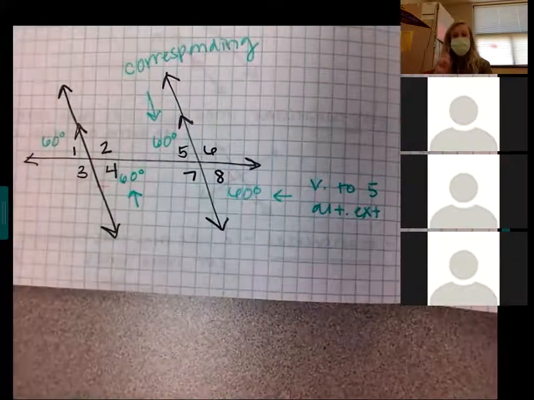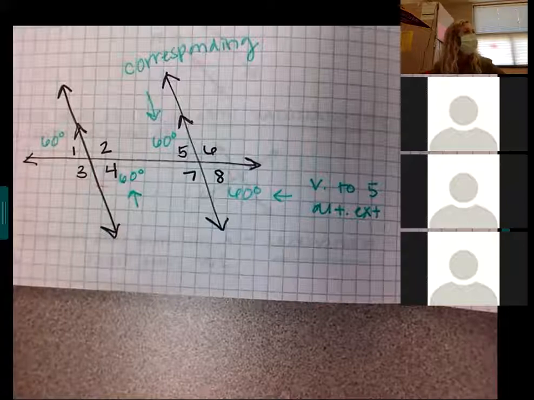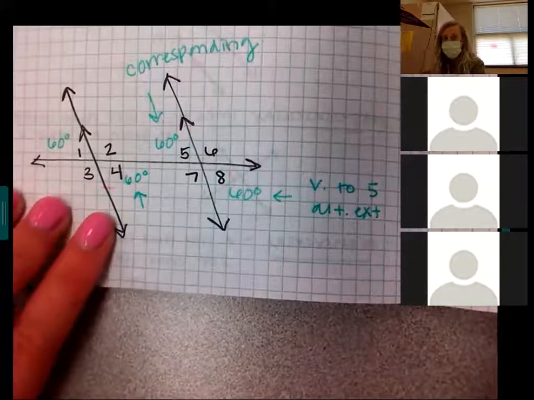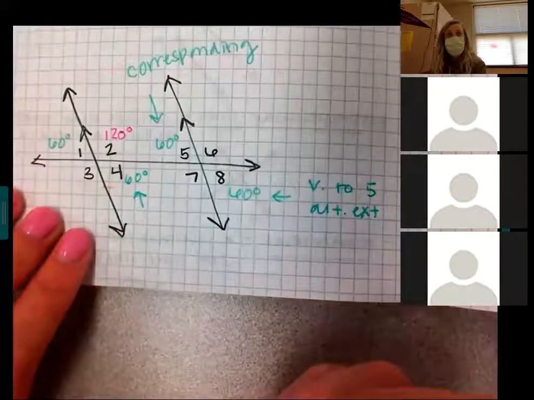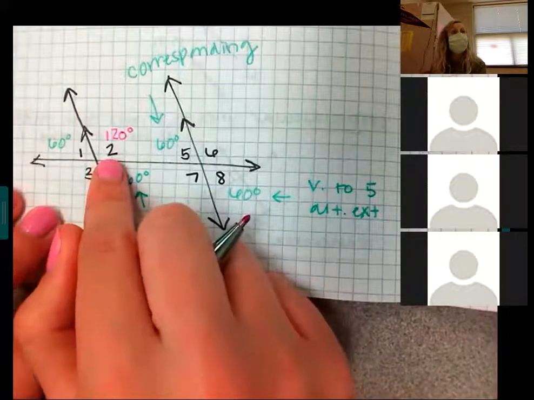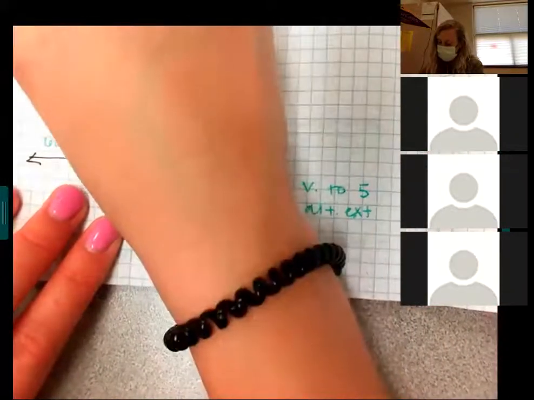All right, somebody different, talk to me. What would angle 2 be? Jordan, what's 2? 120, how do you know that? What's it called when they add to make 180?